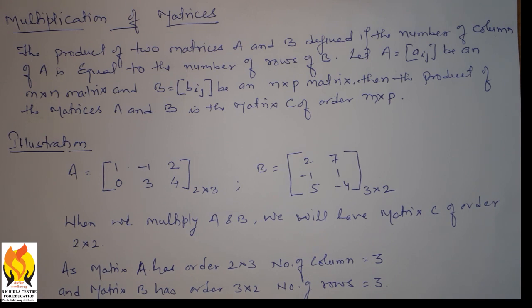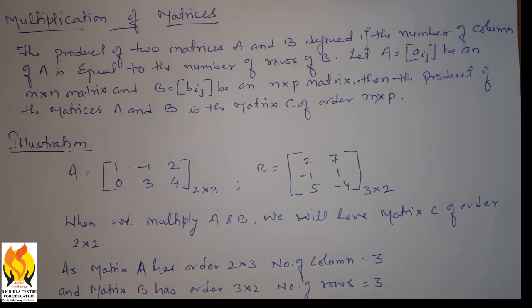Now we look at the illustration. We have a matrix A with elements 1, minus 1, 2, 0, 3, 4. Another matrix B has 2, 7, minus 1, 1, 5, minus 4. The order of matrix A is 2 cross 3 and B has an order 3 cross 2.